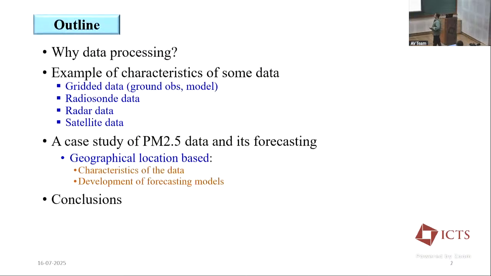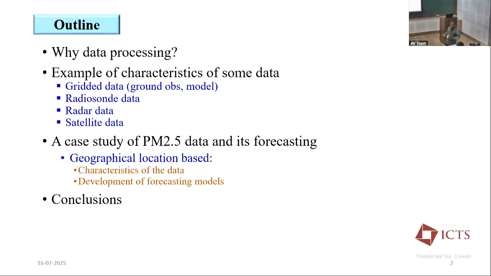First is why we have to do data pre-processing, which you might already know. I will show you some examples of gridded data, radiosonde data, radar data, and satellite data. Suppose you get the data, then what happens?